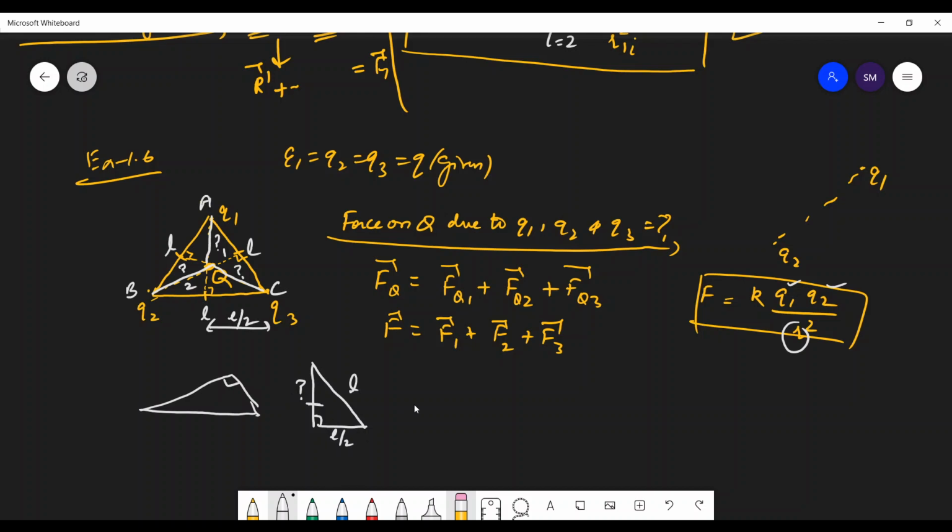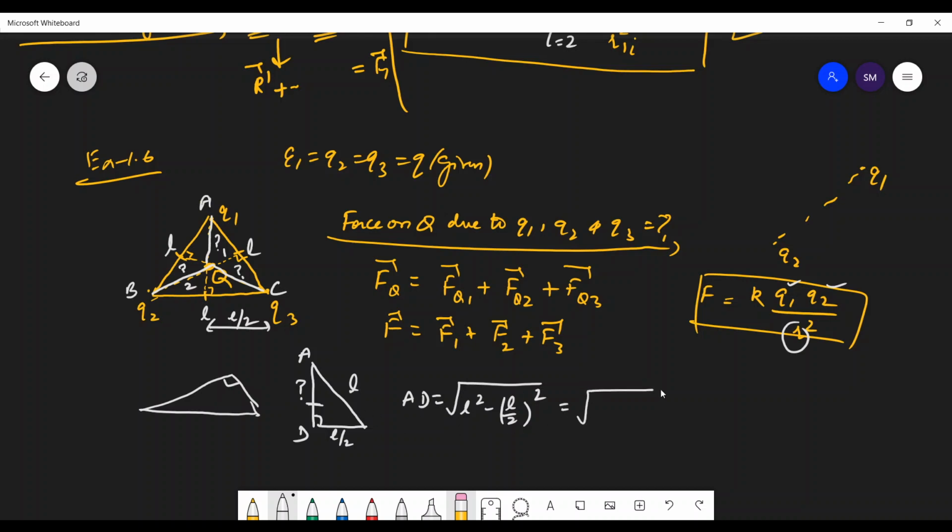So what is this side? Let it be AD. AD is equal to the square root of L square minus L by 2 whole square, hypotenuse square minus base square.